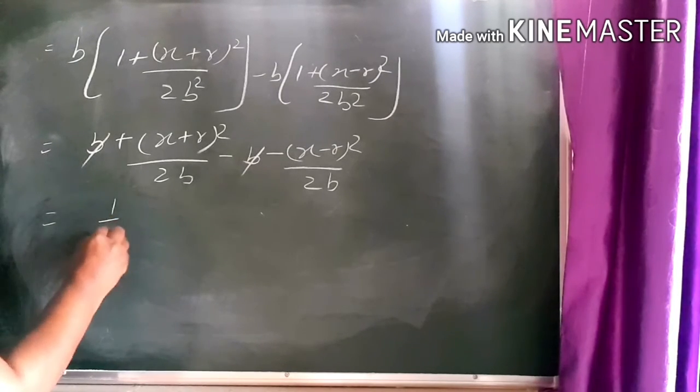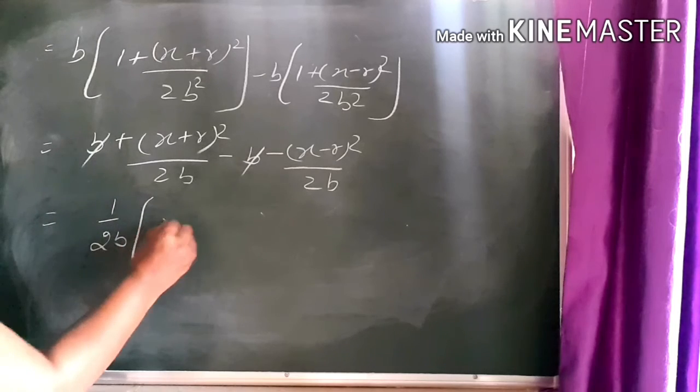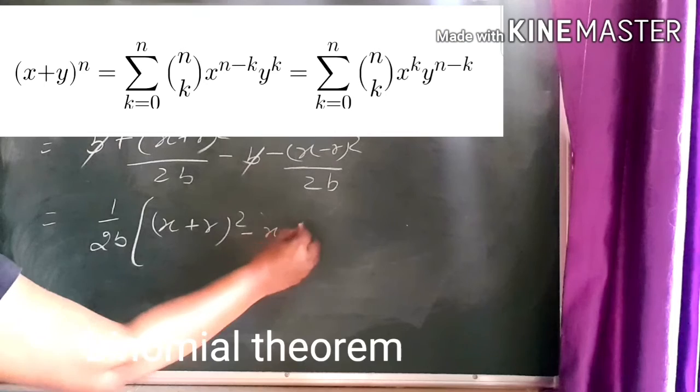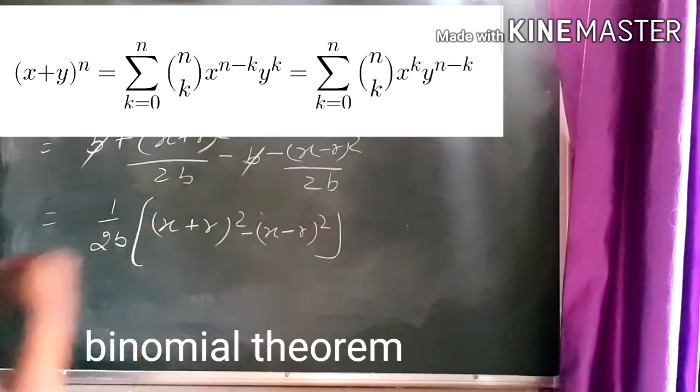We have 1 by 2b into ((x plus r) whole square minus (x minus r) whole square).